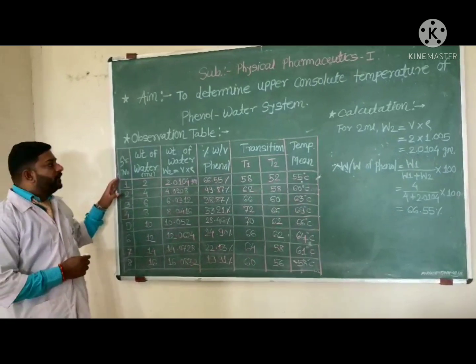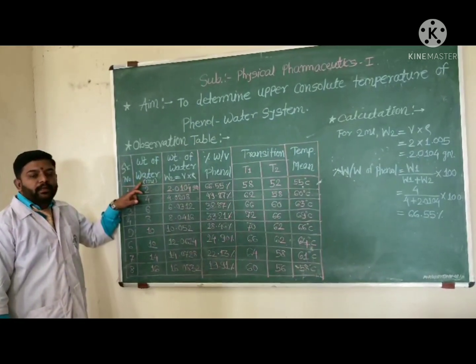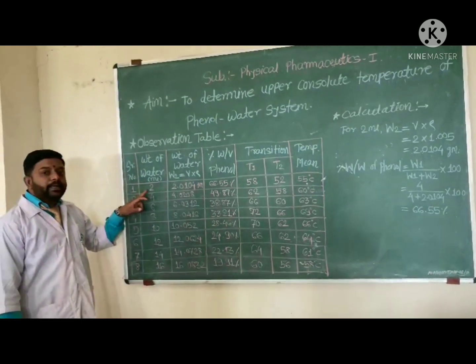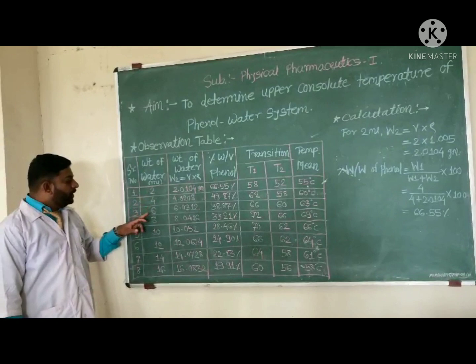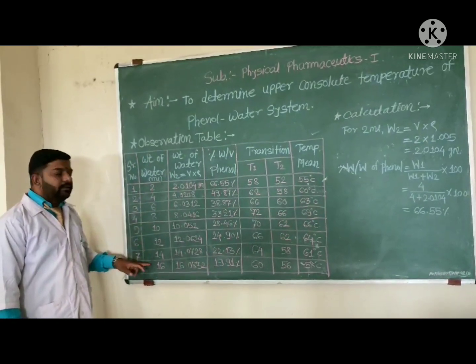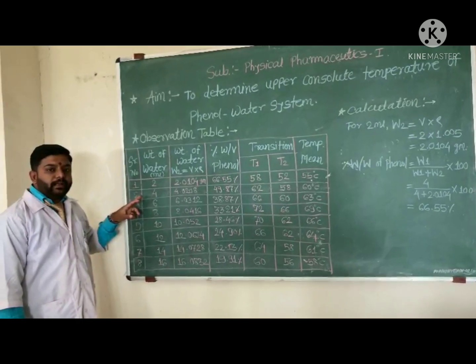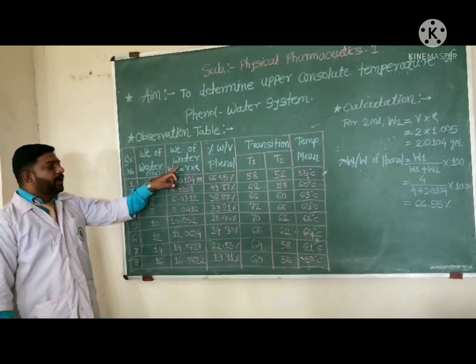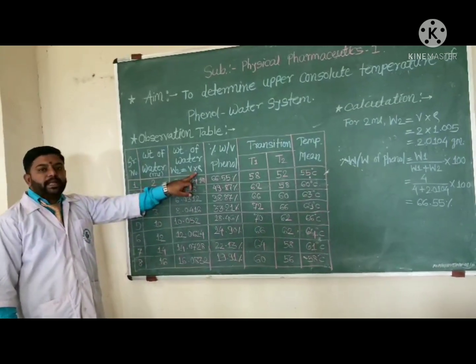Here is the observation table. In that, the first column is the volume of water. For each reading we have added 2 ml increments of water, meaning 2, 4, 6, 8, 10, 12, 14 and 16. This 8 times water we have added in the hard glass test tube. The second column is weight of water. Formula is W2 is equal to volume into density.